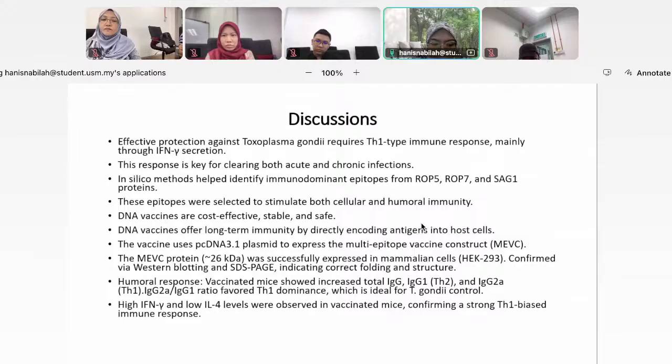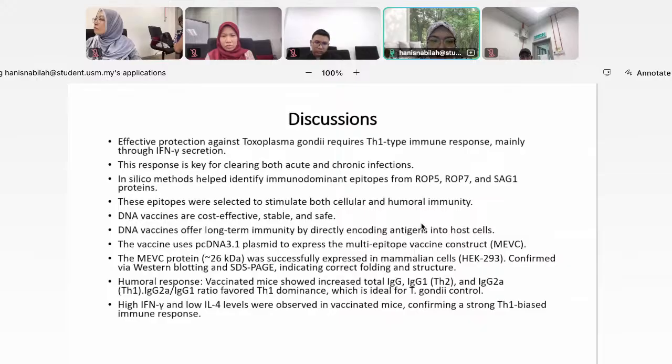For the humoral response, vaccinated mice showed increased total IgG and IgG isotypes, favoring TH1 dominance. High interferon gamma and low interleukin 4 levels were observed in vaccinated mice, confirming a strong TH1-biased immune response.